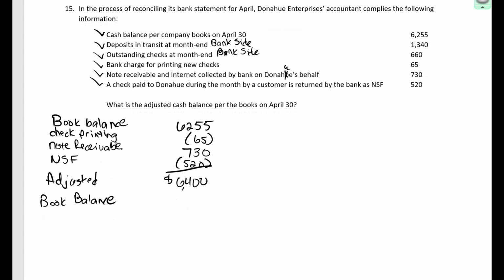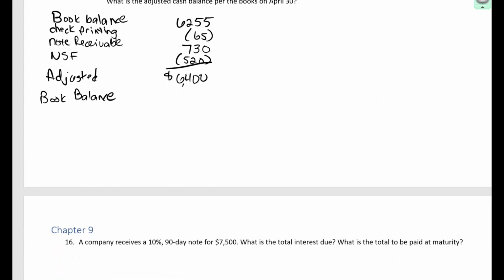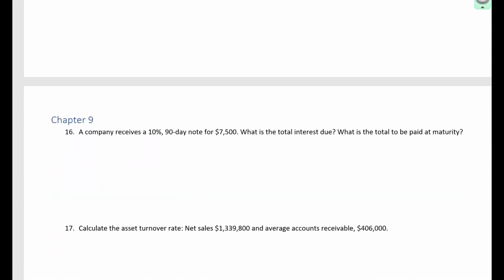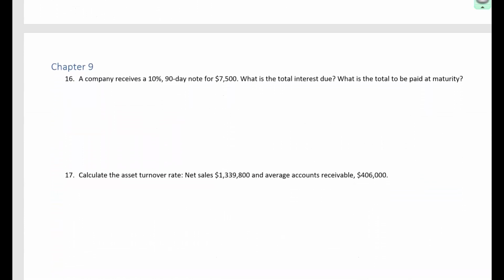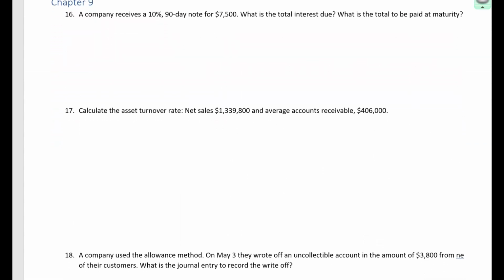Okay, that is it for chapter 8. So we're going to go on to chapter 9, which is on receivables. And the first one here, we need to calculate a couple things. The first thing, we need to calculate the interest that's due and then the amount that's going to be paid at maturity. So this note is for $7,500. It's a 90-day. It's 10%.